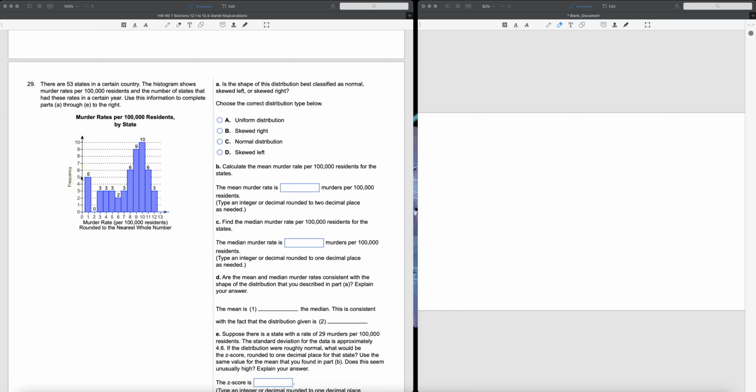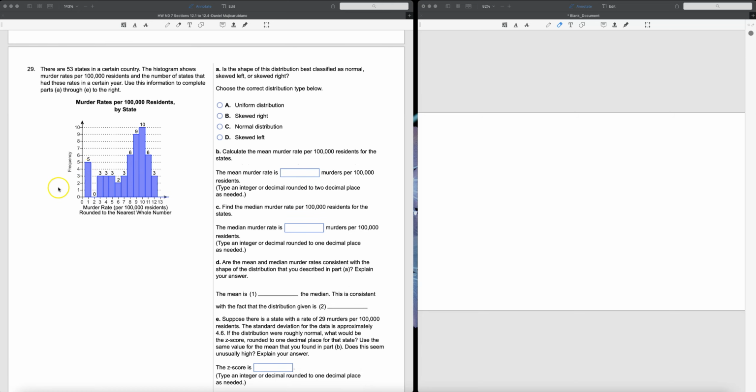If you want to know the length of the sample that you took in this survey, what you need to do is add all the frequencies. I mean, you need to add all these numbers.